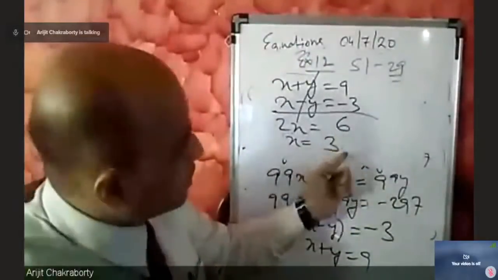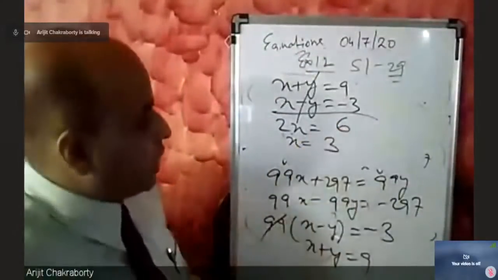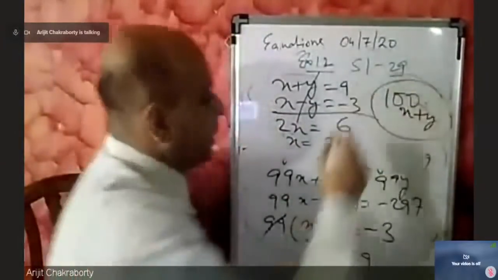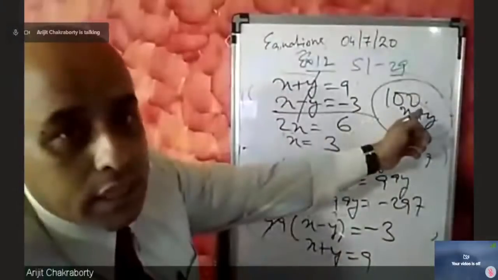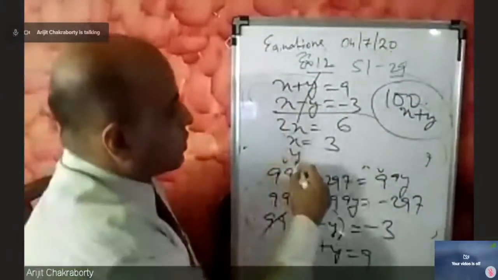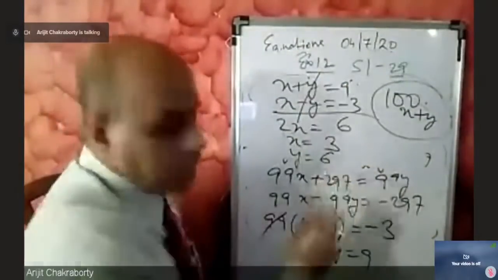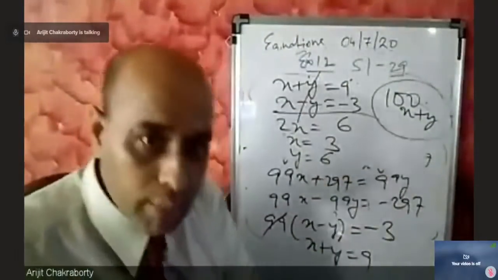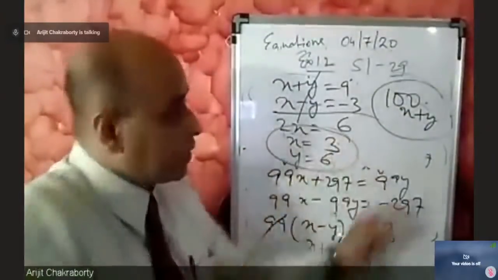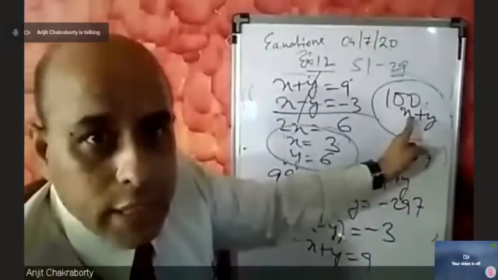If x is 3, our number was 100x plus y. So automatically you can see that if x is 3, y comes to 9 minus 3, which is 6. So x is 3 and y is 6. The original number is 100x plus y.